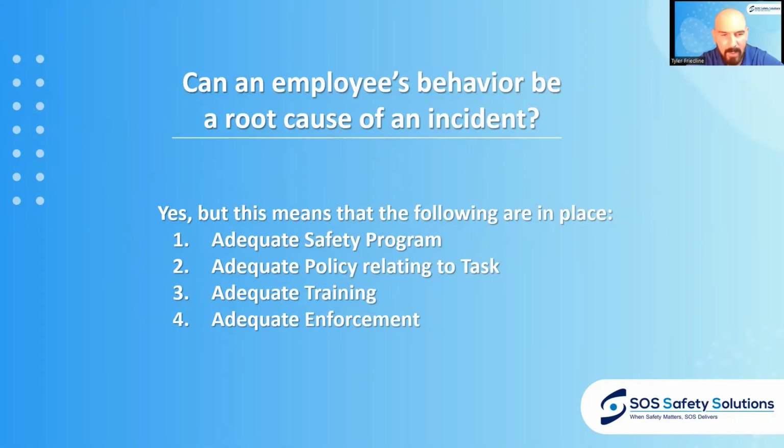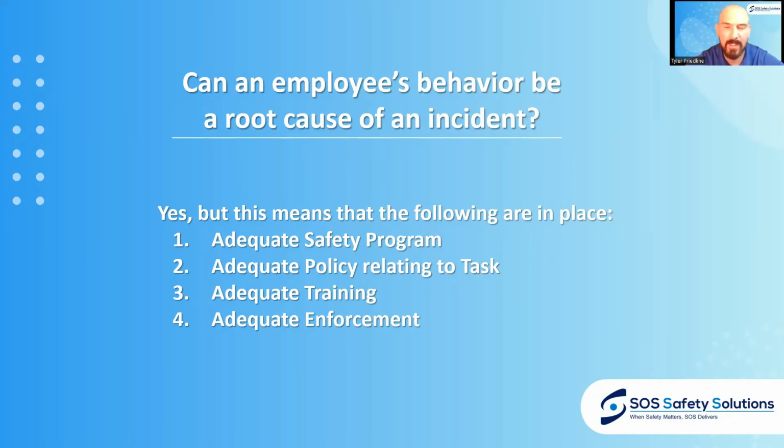Let's use a little example of where the employee's behavior could be the root cause. Let's pretend that you have a lockout tagout program. You have procedures posted on equipment, you have adequate training, and your supervisors enforce lockout tagout. An employee just failed to shut down equipment, failed to lock it out, and reached past the guard and lost their finger.